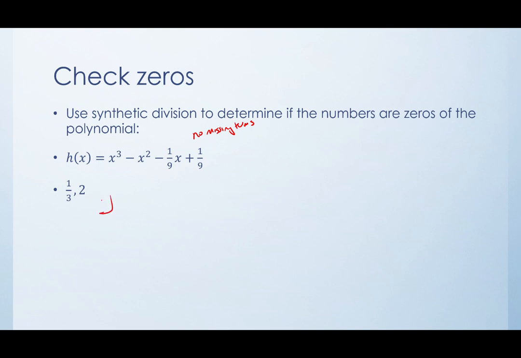Let's start with 2, and we're going to put our coefficients here: 1, minus a ninth, and ninth. We're going to bring down the 1, multiply, add, multiply, that's 2. So 2 minus a ninth, that would be 17 ninths, because 2 would be 18 ninths minus 1 ninth. So that's 34 ninths plus 1 ninth, 35 ninths. So obviously not a factor.